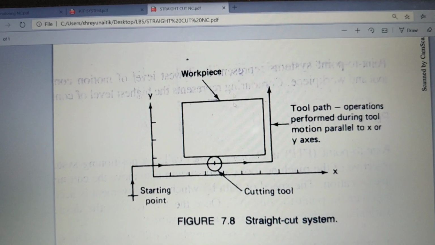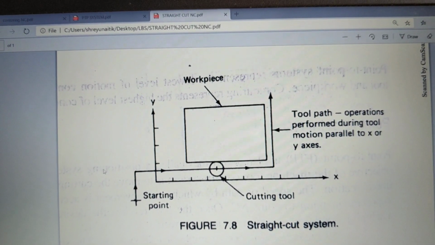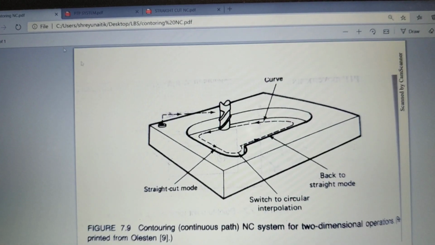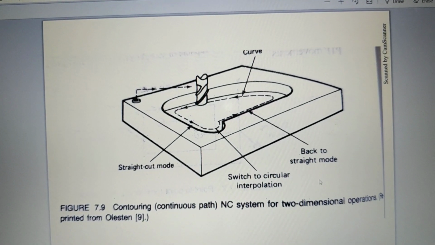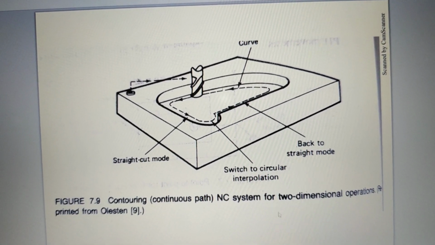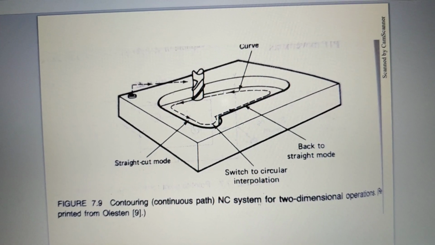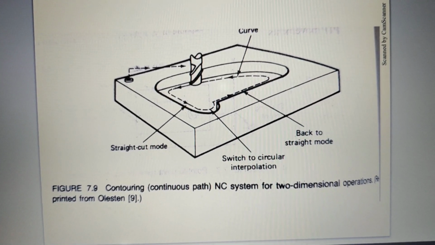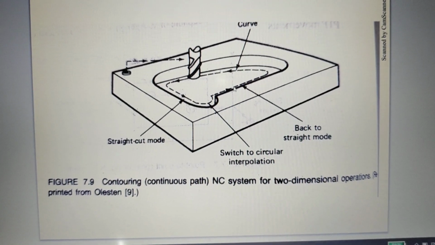The next advanced system is the contouring system. This is the contouring system. Here you can see complex geometries. Any complex geometry can be generated here.